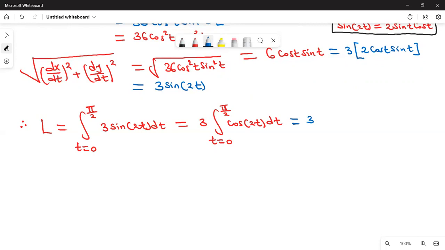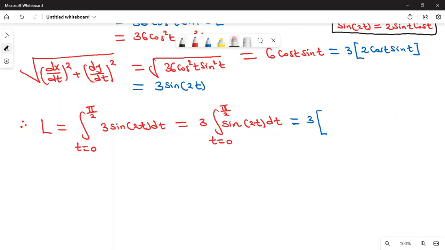Remember, when you differentiate sine, you get cosine. No, here we are integrating sine, not cosine. So there's a slight correction: instead of cosine here, it was sine. Let it be sine. That was a slight correction.